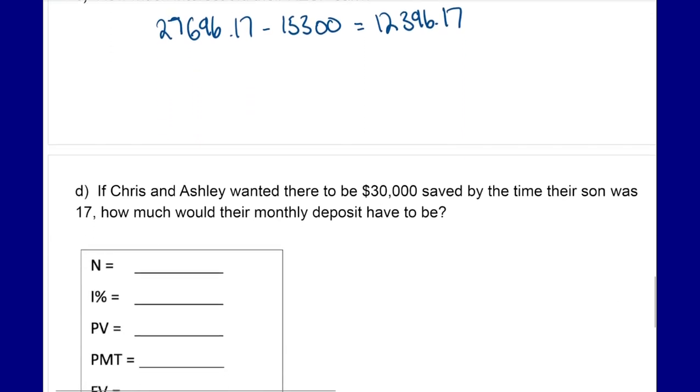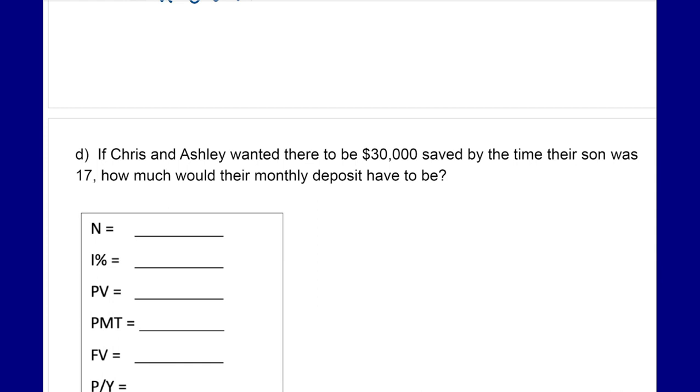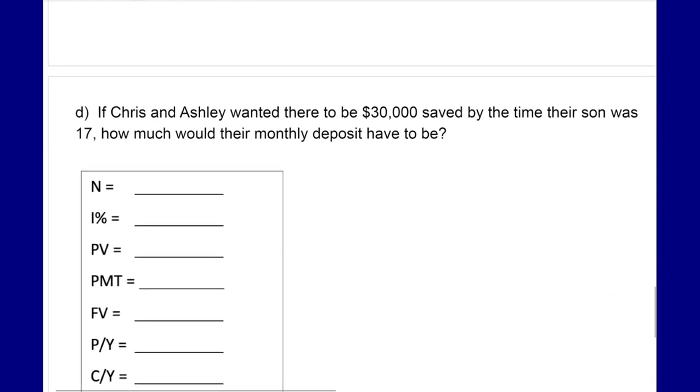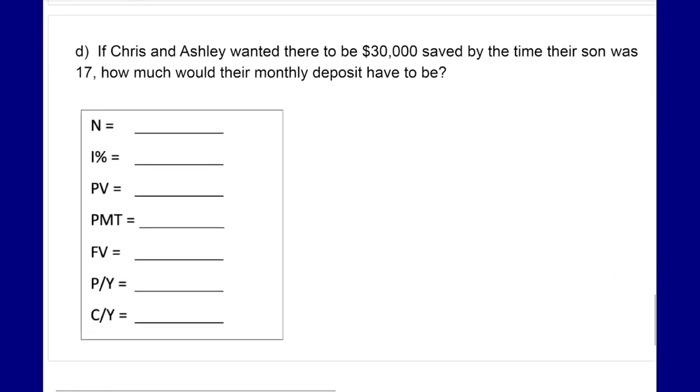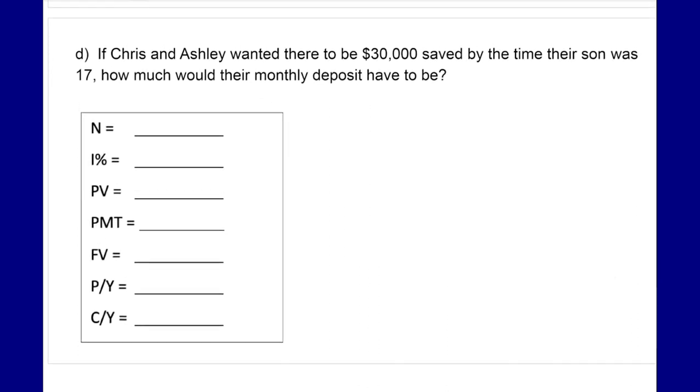If Chris and Ashley wanted there to be $30,000 saved by the time their son was 17, how much would their monthly deposit have to be? This is going to be slightly different, but we can still use our TVM solver. We're just going to have a different missing value. The new thing here is that they want to have $30,000 saved, so our FV, we're not going to be solving for it because we know how much it's going to be.